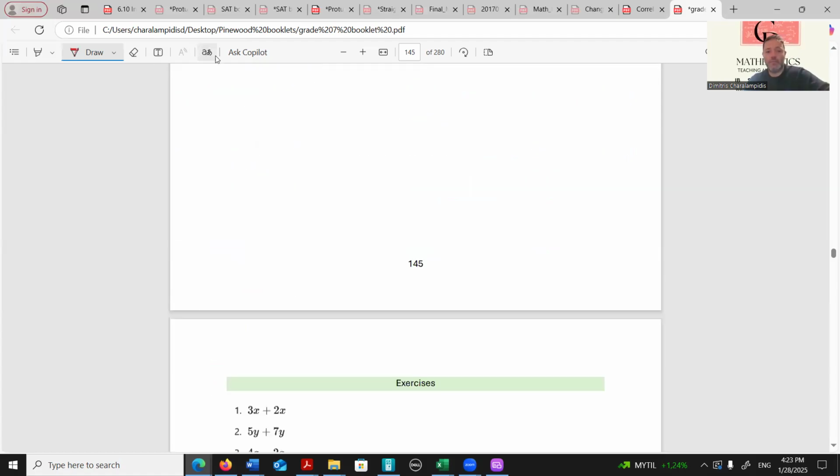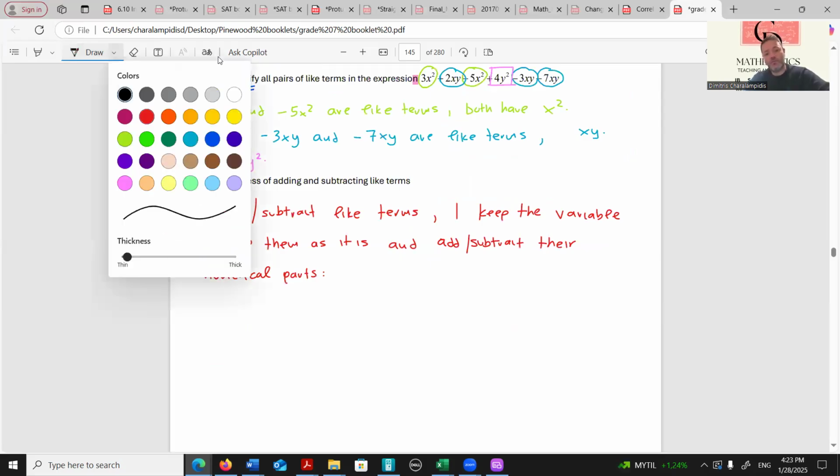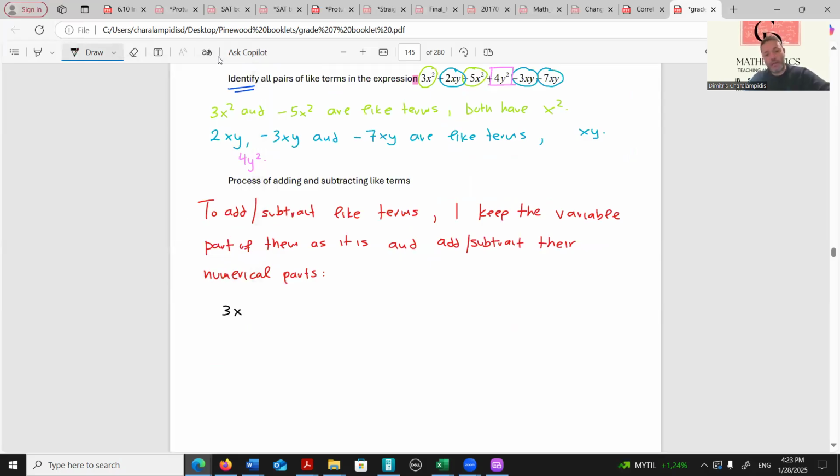For example, if we have 3x squared plus 5x squared, these two are like terms. The common variable part is the x squared, so it should definitely be an x squared in the answer, but 3 plus 5 is 8.